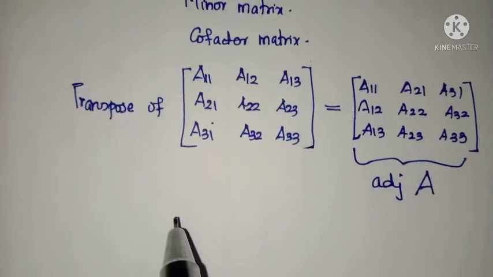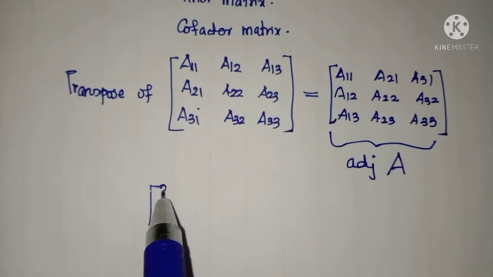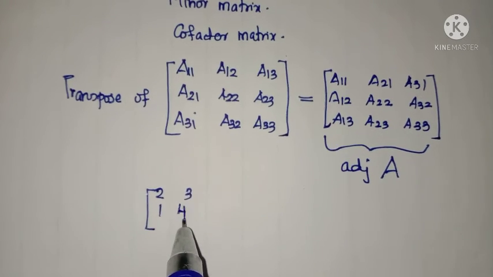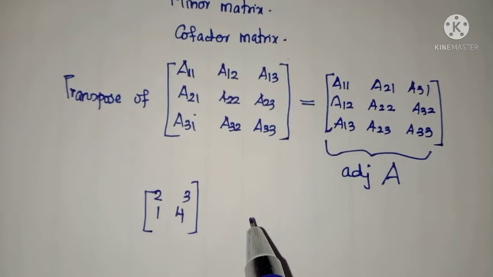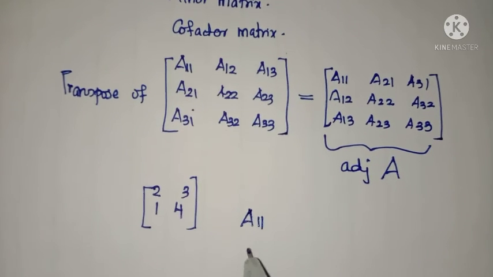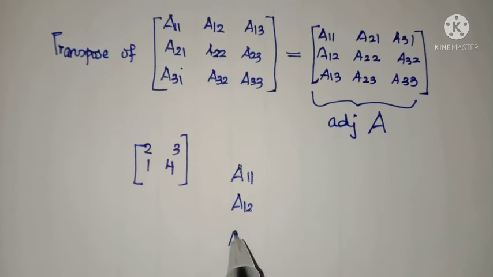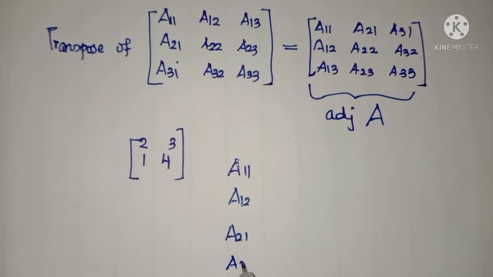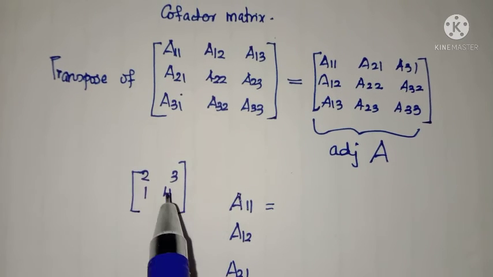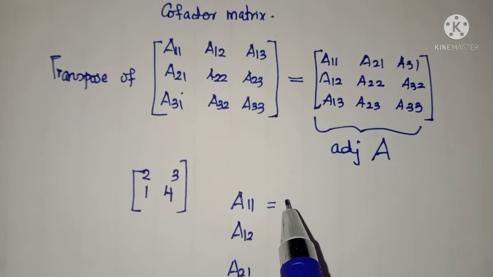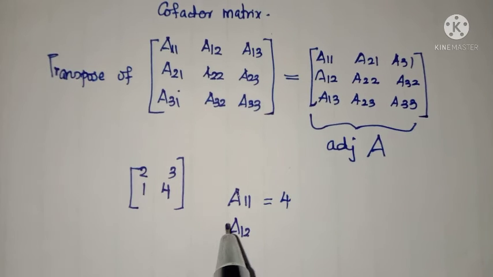For example, suppose we have the matrix 2, 3, 1, 4. This is a 2 by 2 matrix. So find its cofactors A11, A12, A21, A22. See here, A11 is the minor M11, that is 4.